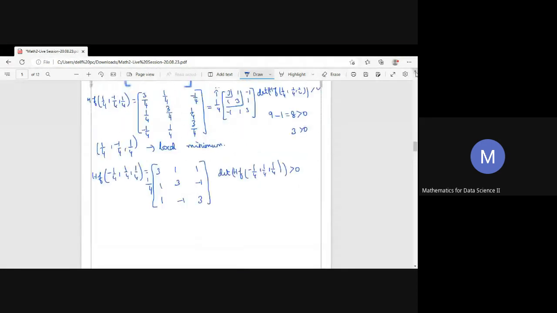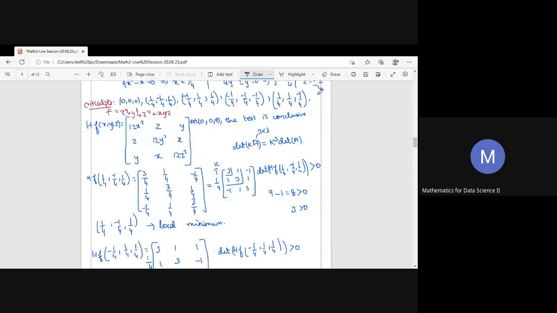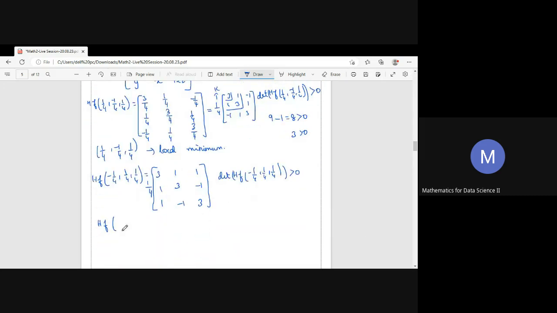So you can actually see what happens in this case. I will just write the matrix alone quickly. What is the next matrix? All negative. So with the 1/4 outside, the diagonal entries are 3 and all other entries are -1. In this case also the determinant is again 16.